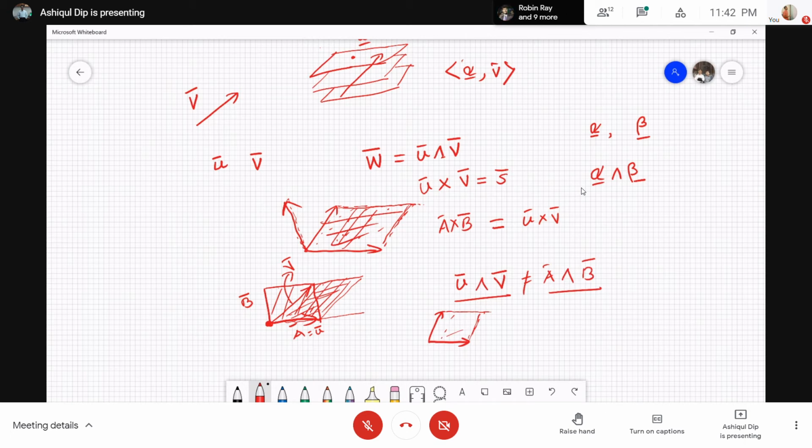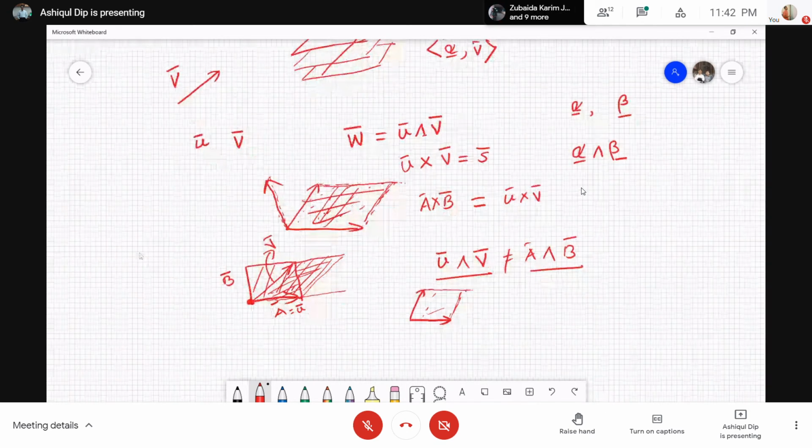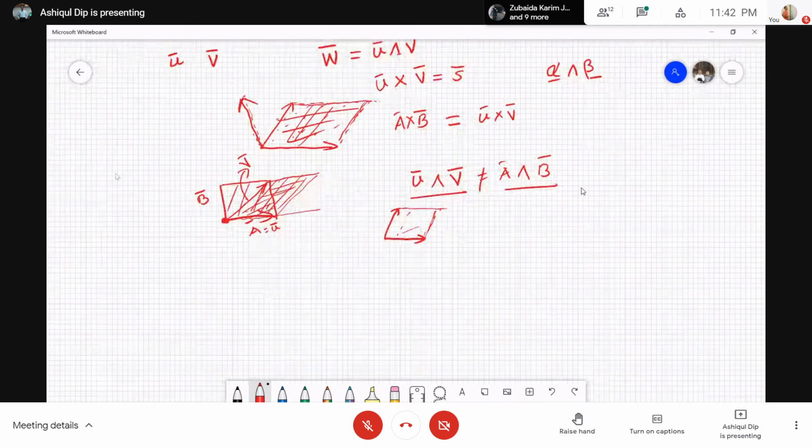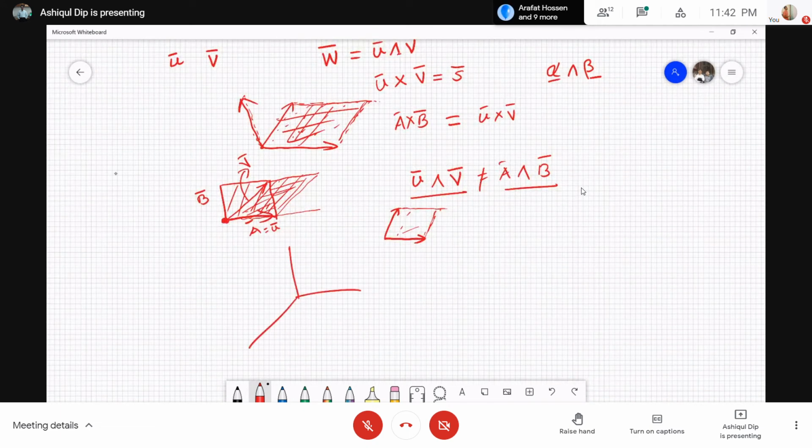Okay, so it will reveal more problems when we talk about higher dimensions. So in three dimensions, if you have a rectangular piece, it's easy to assign an area which is perpendicular to that.